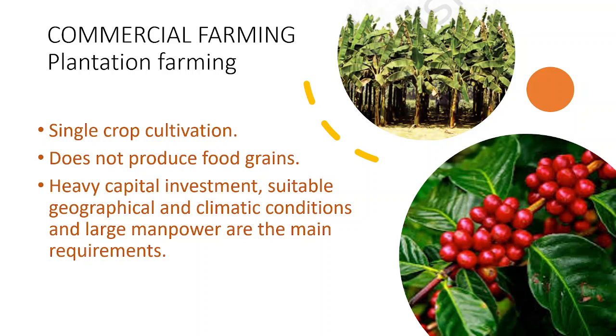So when we're talking about crops like banana or tea or coffee, a particular type of climate, land, soil, etc. is required. Large manpower is required here. That means it is a labor intensive farming. It does not need much of machinery but manpower or labor. These are the main requirements, and examples would be tea, rubber, banana, coffee, coconut, etc. that is grown in our country.